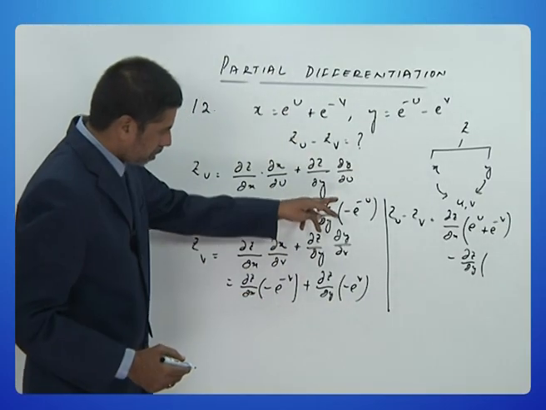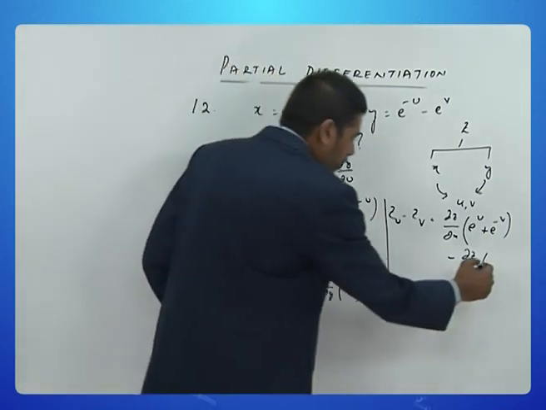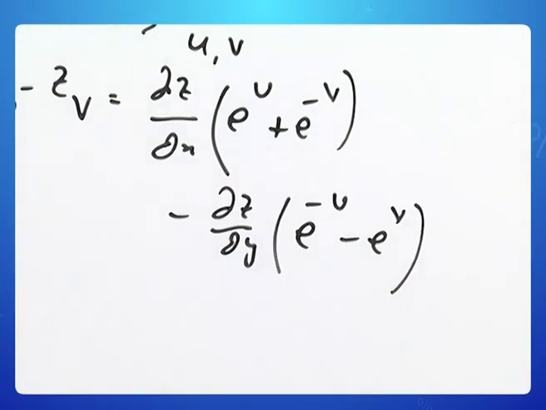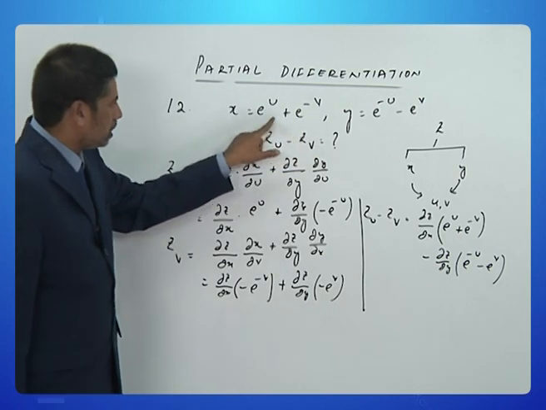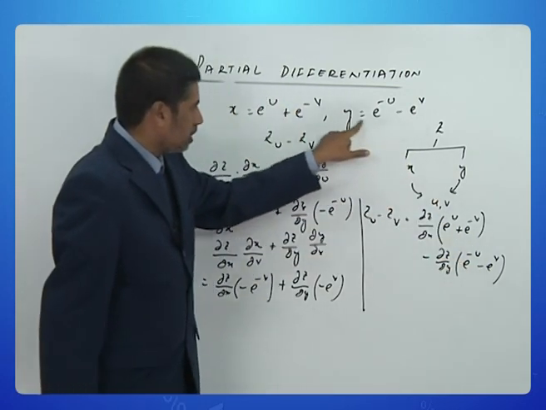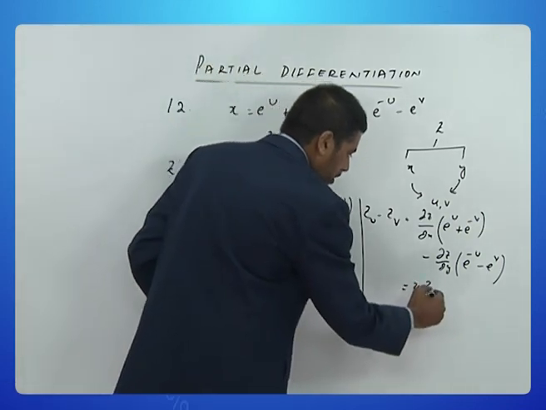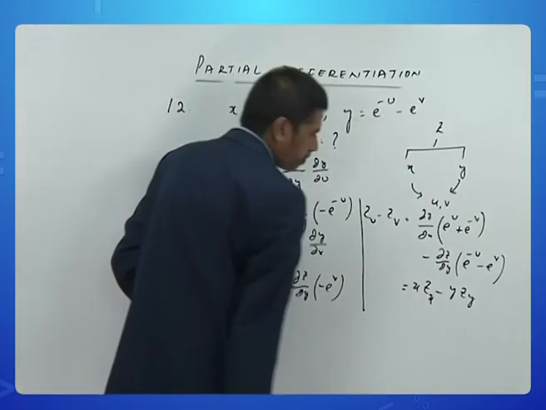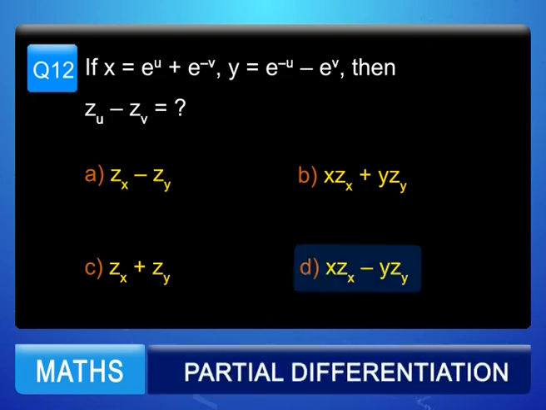So we take minus common from these two and you will have e^(-u) minus e^v. But you can easily see e^u plus e^(-v) is x and e^(-u) minus e^v is y. So this is reduced to x zx minus y zy. So you can see from the options that D is the correct answer.